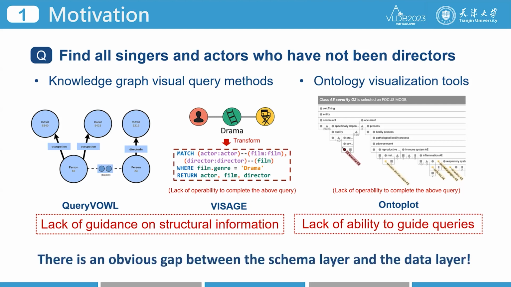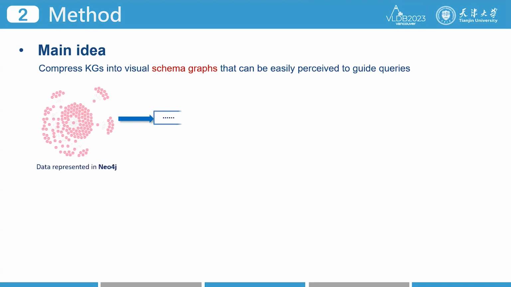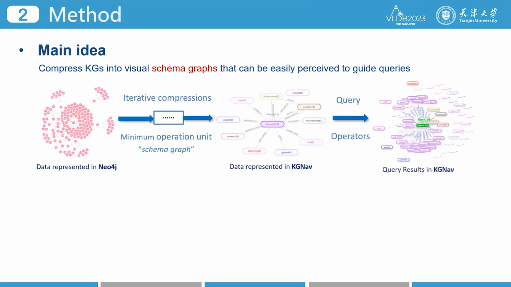So in recent knowledge graph visual query methods, there is an obvious gap between the schema layer and the data layer. By contrast, we can use KGNav to iteratively compress KGs into visual schema graphs that can be easily perceived at a glance to guide queries, using the redefined minimum operation unit of knowledge graph schema and a series of useful operators.